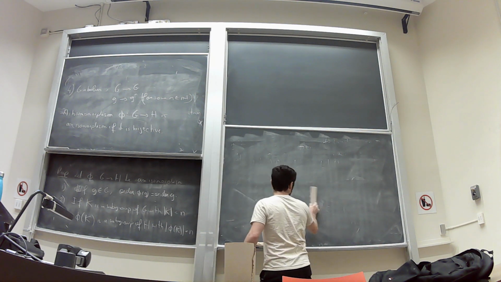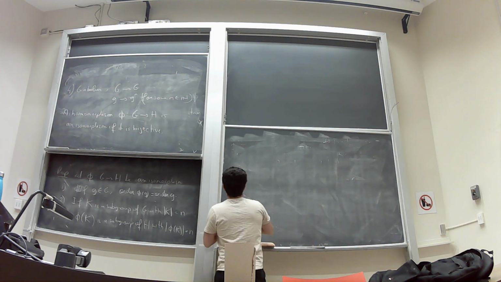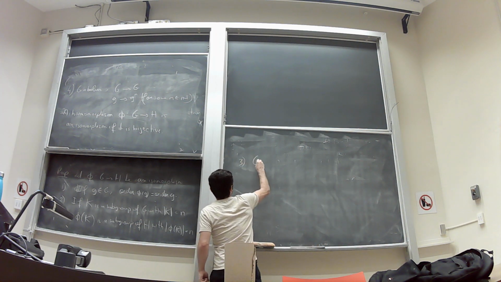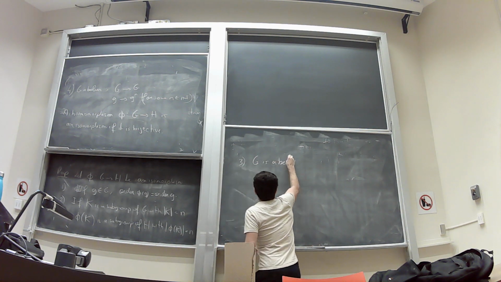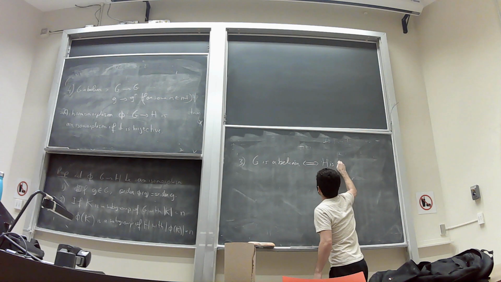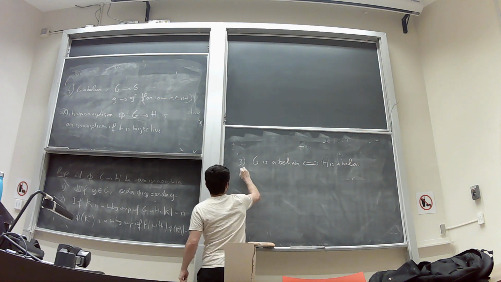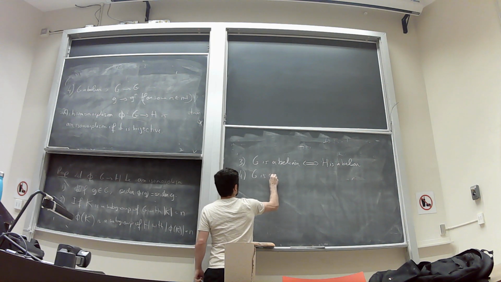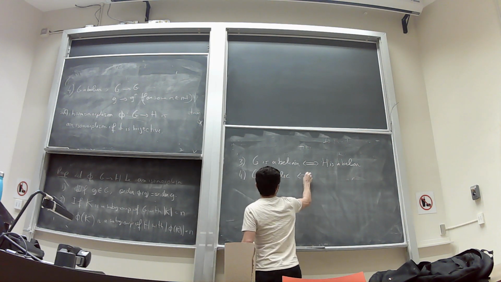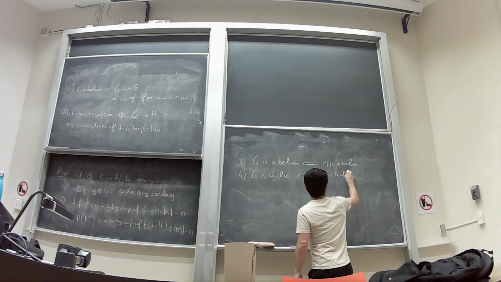G is abelian if and only if H is abelian. G is cyclic if and only if H is cyclic.